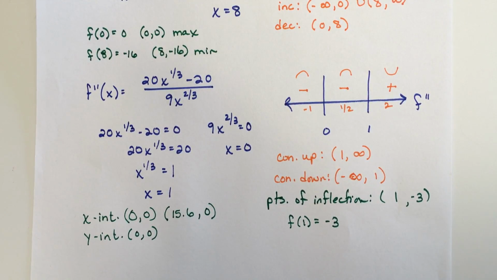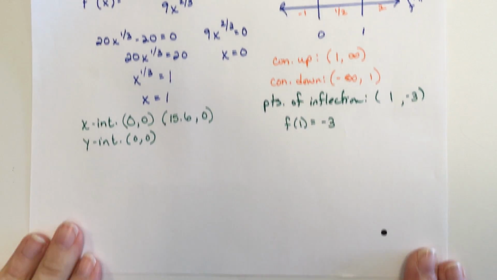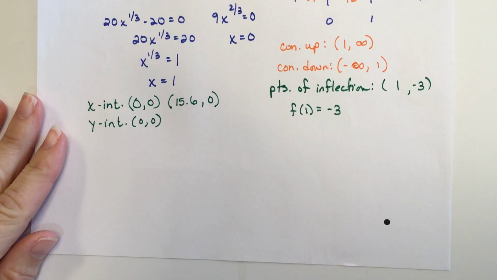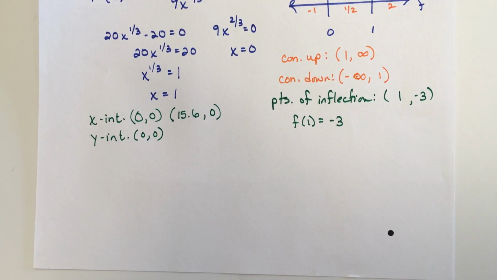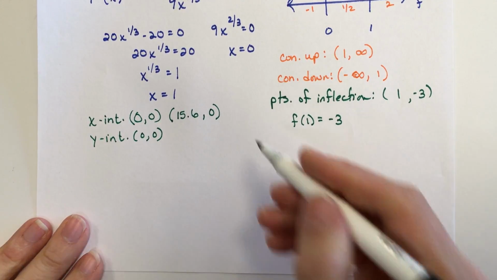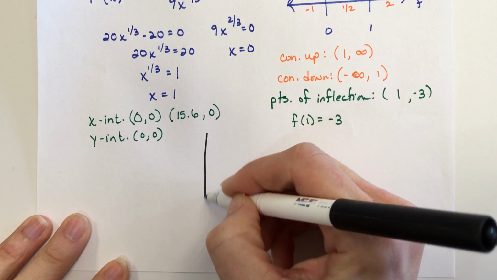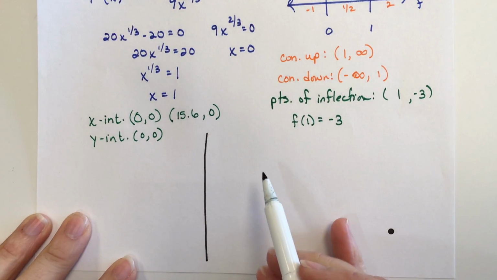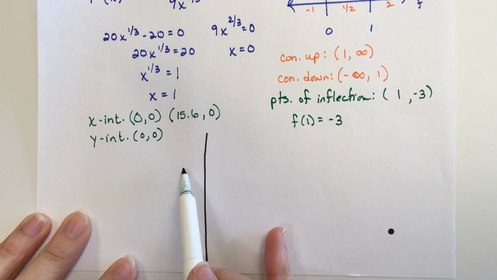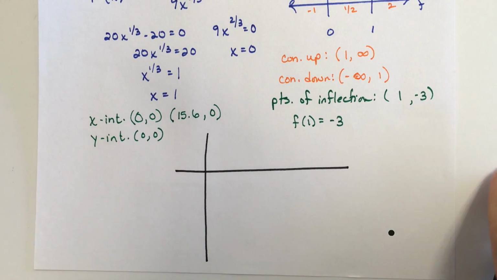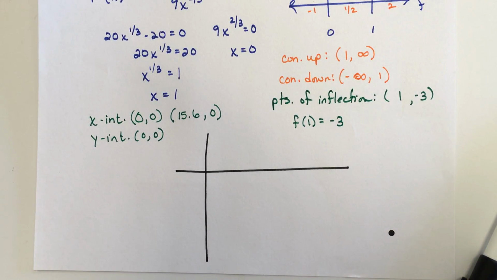Okay, now, in graphing this, using all of this information to sketch the graph. Okay, now if you remember, I have the x-intercept that's at 15, so we do need to do several tick marks out on our x-axis.